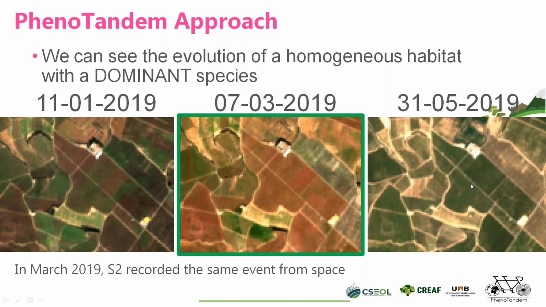So no doubt that there has been flowering here. But to do that, you really need to combine your knowledge of the land with what is the habitat on that land, what is the dominant species, and then you will be able to actually see something that is useful.